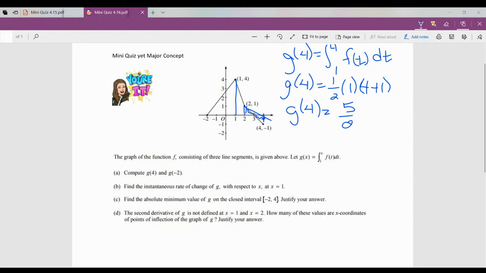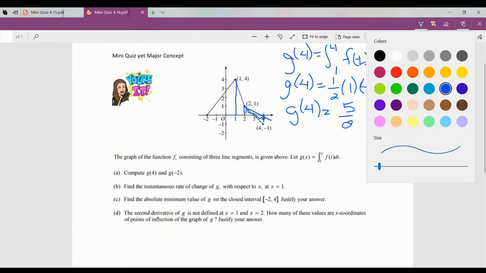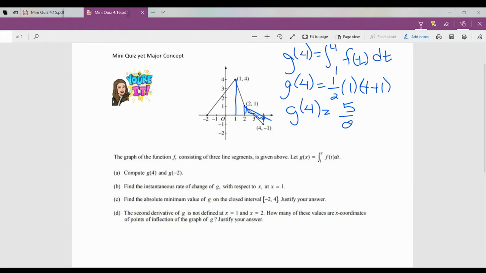All right, now g of negative 2. G of negative 2 is going to equal the integral from 1 to negative 2 of f of t dt. So I start at 1 and I shade to negative 2, so I'm going in the opposite direction.